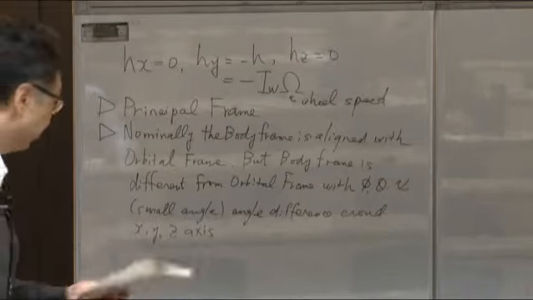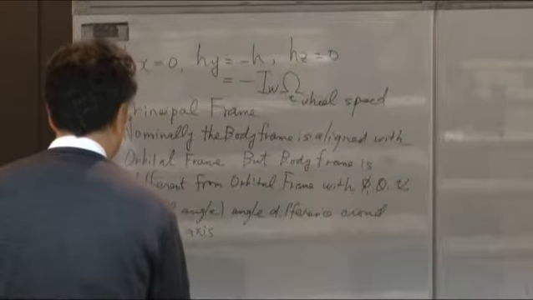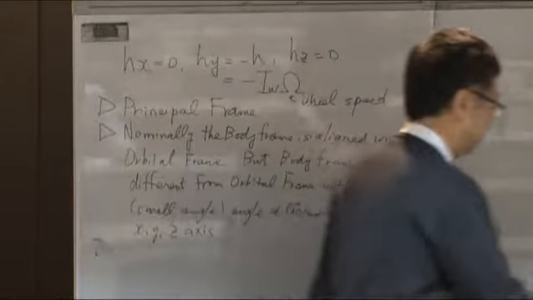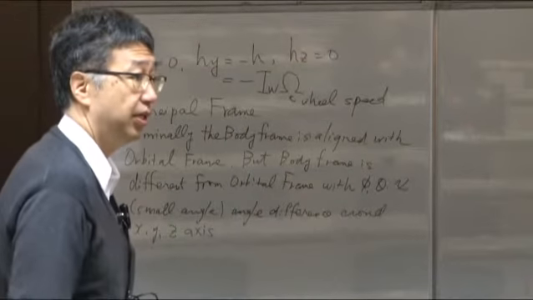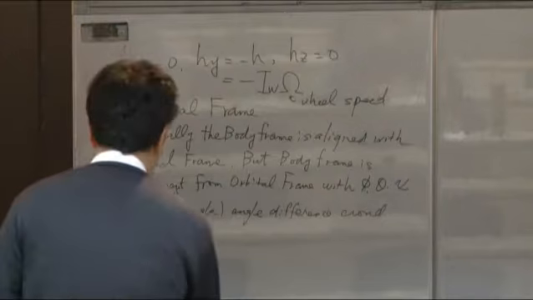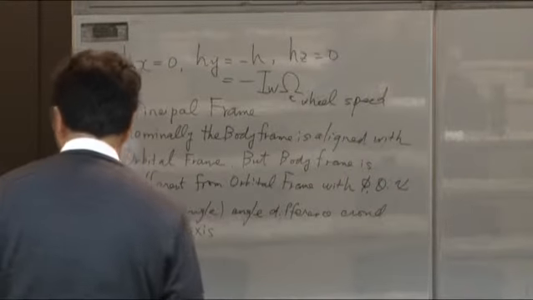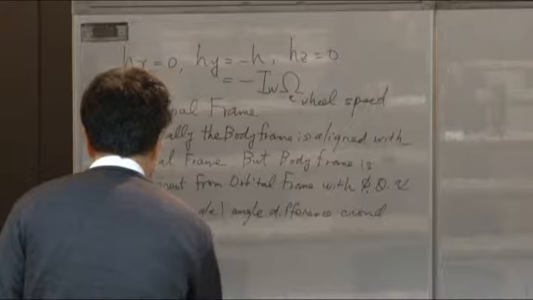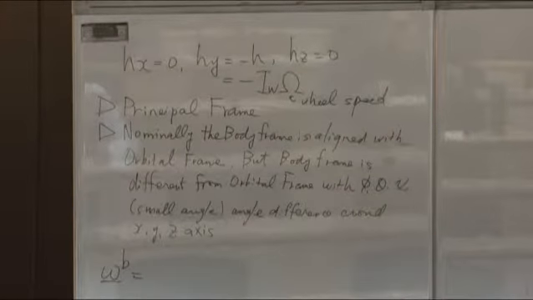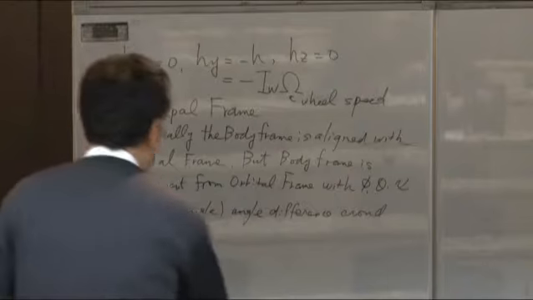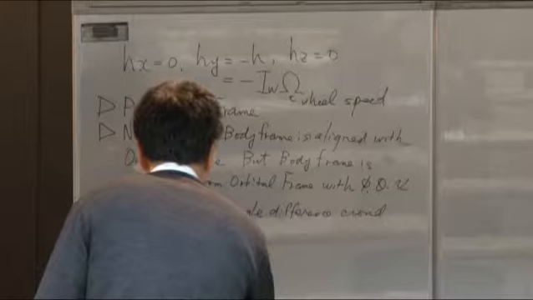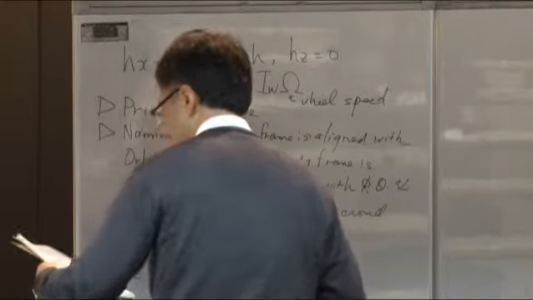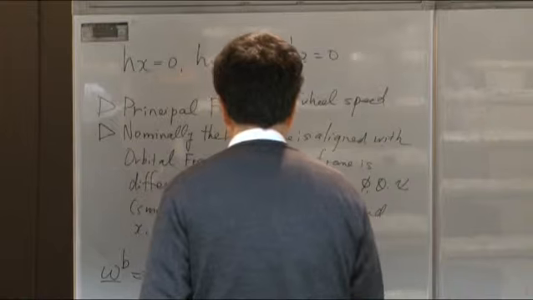Okay, so this is the assumption, and now I'd like to write each term one by one. The first, omega represented in the body frame can be written as omega x, omega y, omega z.